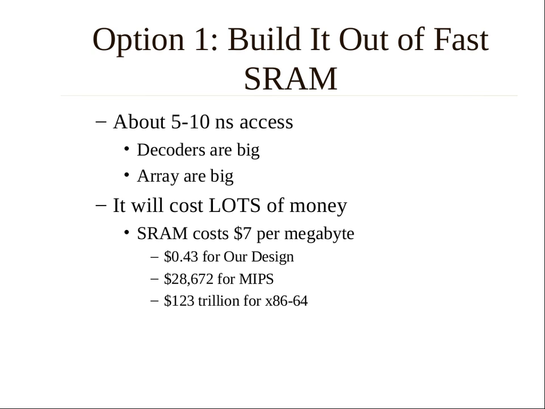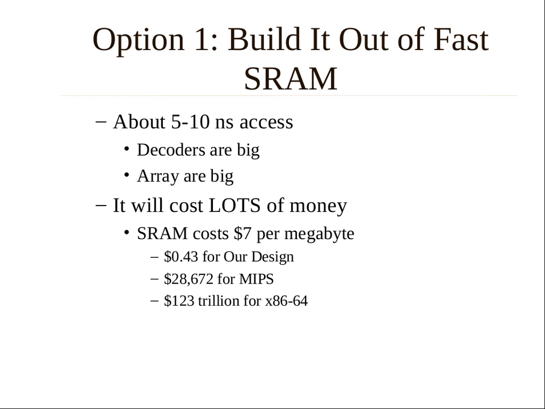So, option 1, you could build your memory out of SRAM, about 5 to 10 nanoseconds access, which is all right. Which is pretty fast. Decoders are big, arrays are big, costs a lot of money. This was true as of about 2 or 3 years ago. SRAM is about $7 per megabyte. So it'd be about 43 cents for our design, because remember we only use 64 words, so we don't use quite a megabyte.